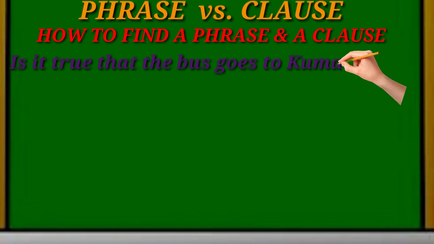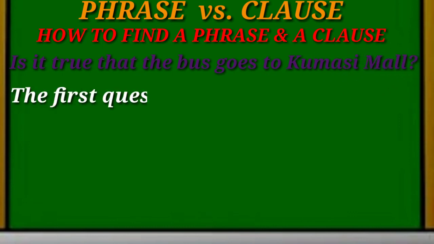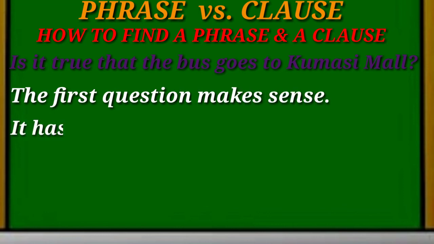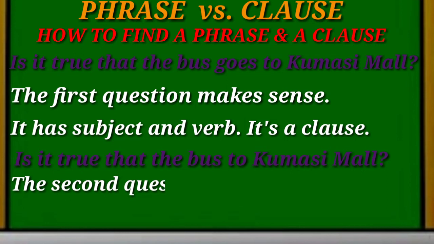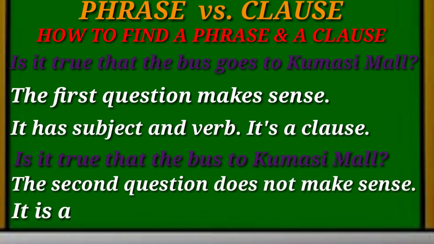Is it true that the bus goes to Kumasi Mall? The first question makes sense. It has a subject and verb. It is a clause. Is it true that the bus to Kumasi Mall? The second question does not make sense. It is a phrase.